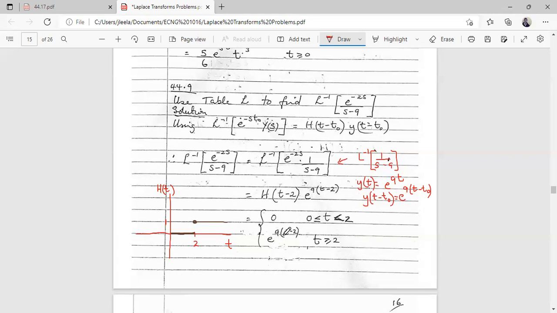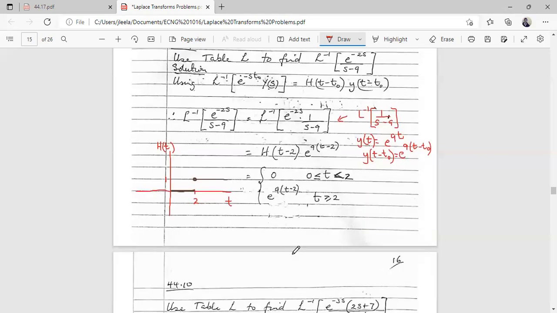That is how you get e to the 9 times t minus 2. In a lot of problems, you'll have to break up a piecewise function into the areas where it is defined and apply the Heaviside function as a difference of functions, which we went through in the lecture. So you have to be able to write the function as a difference of Heaviside functions.